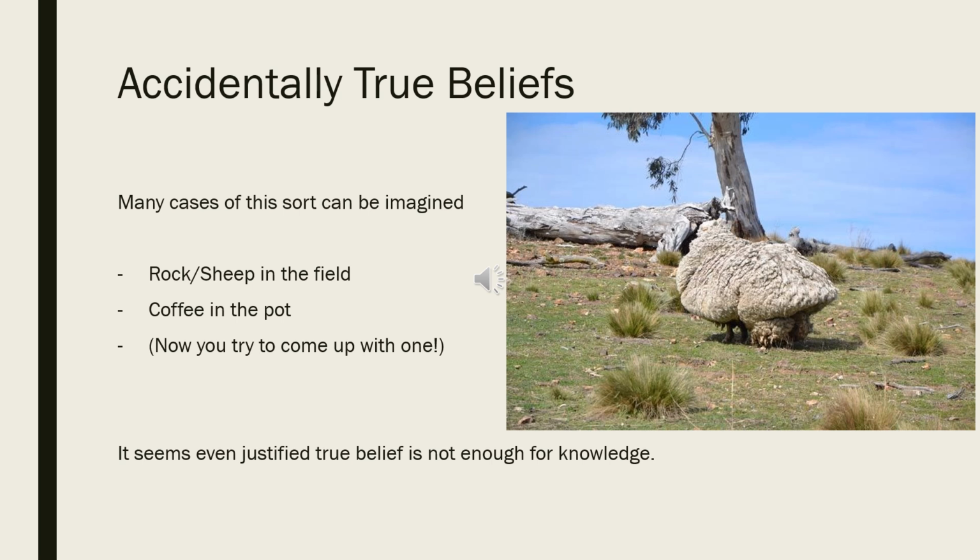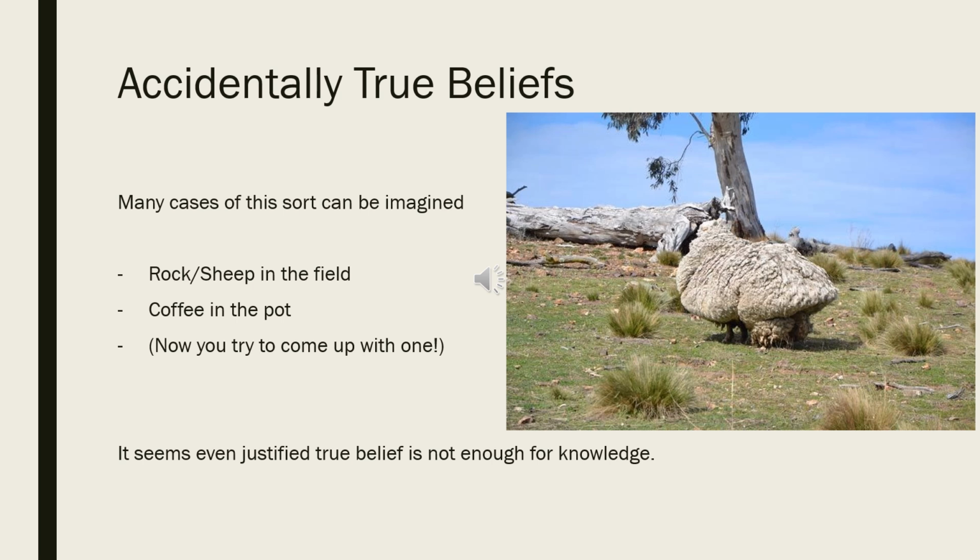However, unbeknownst to you, there is a sheep just on the other side of the rock. Now, in this case, you see this rock, think it's a sheep, and come to believe on the basis of that that there's a sheep in the field. The thing looks like a sheep, so you have a good reason for thinking that there's a sheep in the field. And there is a sheep in the field.